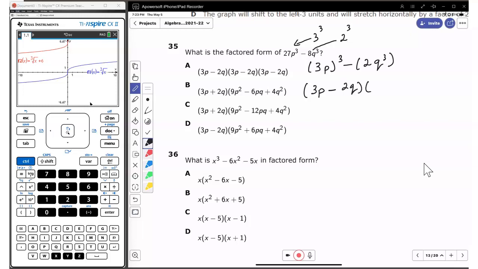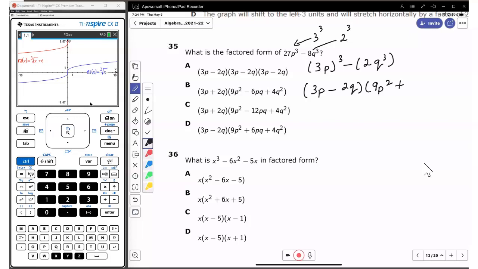You're going to get the first term. So it's going to be 3p to the second power, which is going to give us, remember, 3 squared, so it's 9p squared plus, you're going to multiply 3p and 2q, and so you're going to get times 2.